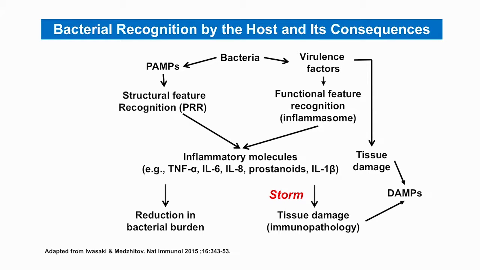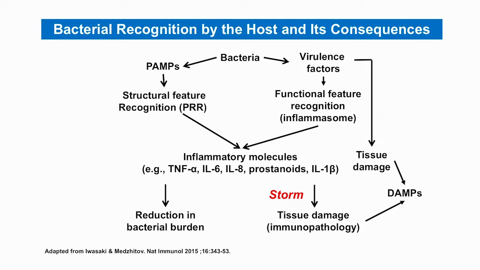But as you can see in this very simple cartoon, bacteria are also able to express other molecules than PAMPs, I mean virulence factors. And these virulence factors are not recognized directly by the innate immune system, but indirectly through the functional change this virulence factor induces. This is very important to understand.